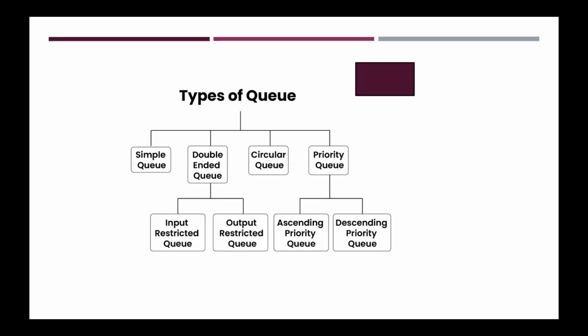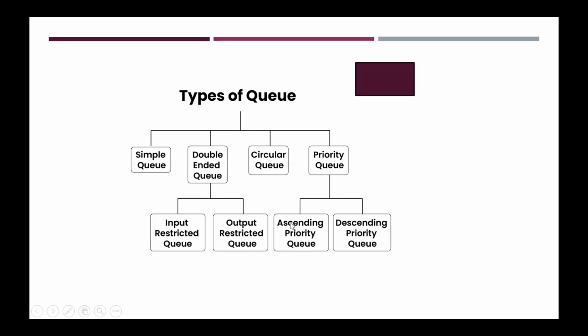But initially the crew member announces that persons carrying children or senior citizens should come first. It is a queue, but priority is given to senior citizens or women carrying babies. So this is the priority value given to them, and they are allowed to enter the flight first. So when a queue is associated with some priority value, it is called a priority queue.